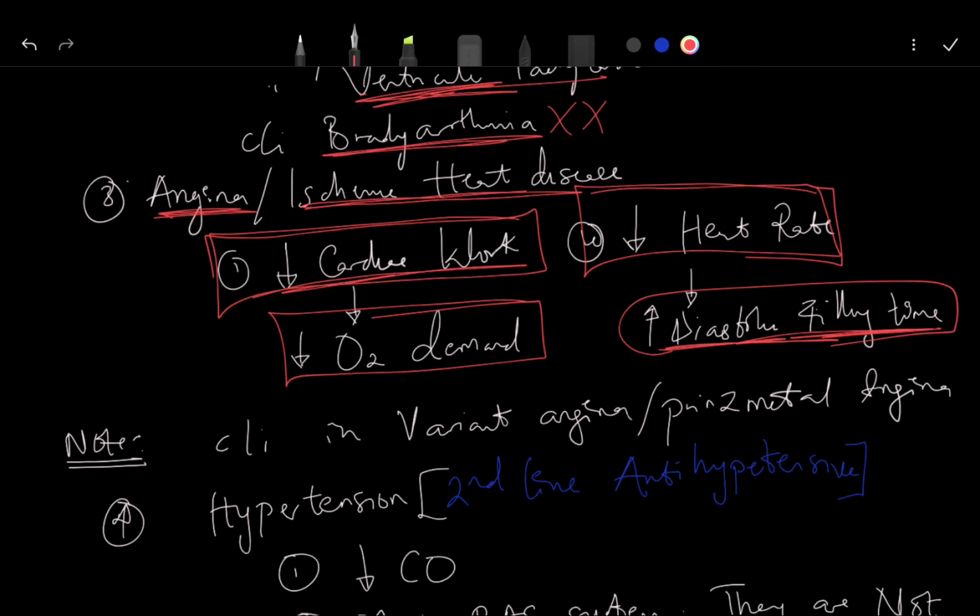So these are the two ways in which beta blockers work in angina: decrease cardiac work and decrease heart rate. Decreasing cardiac work will decrease the oxygen demand, so the heart can perform very well. Then decreasing the heart rate will increase the diastolic filling time, and blood supply to the heart usually occurs during diastole, so more blood will be reaching the heart.